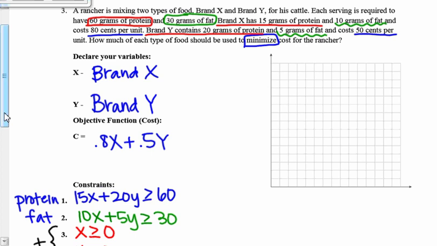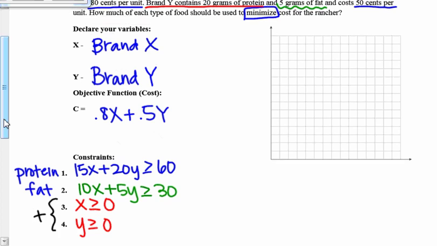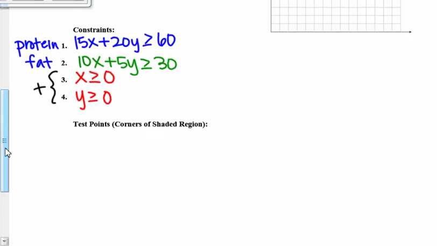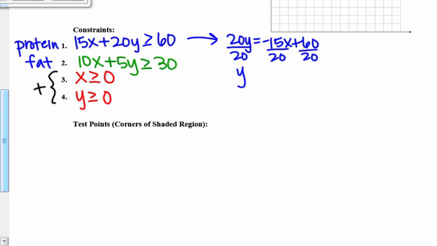Now I'm off to the side here. I'm going to go ahead and solve for my Y values so that I can graph those lines. I'm going to subtract 15x first and get 20y equals negative 15x plus 60. Then I divide by 20, and I get y is greater than or equal to. I should not have said equals, I should have said greater than or equal to. There we go.